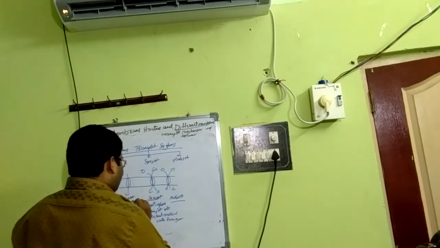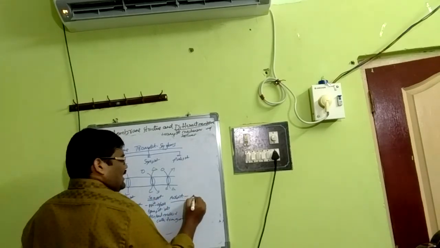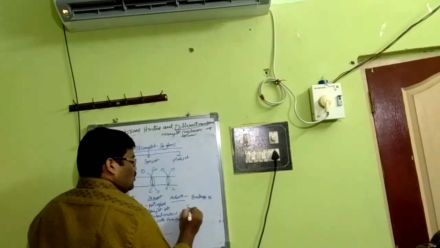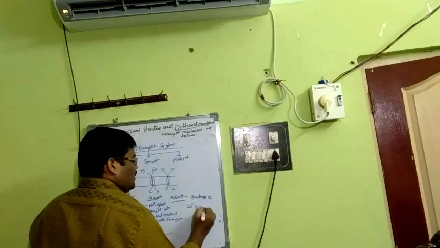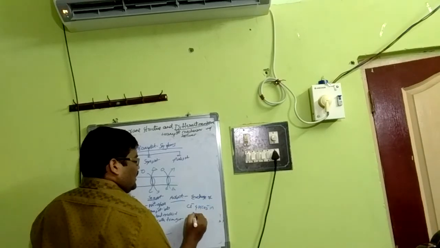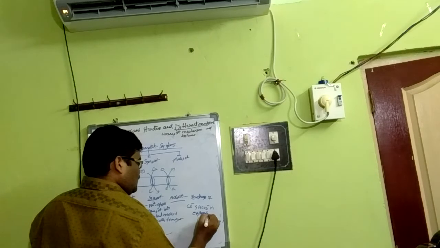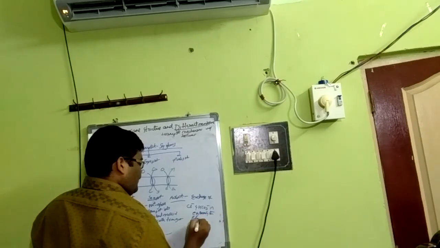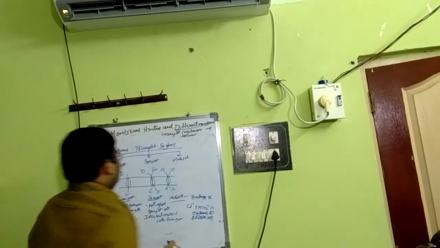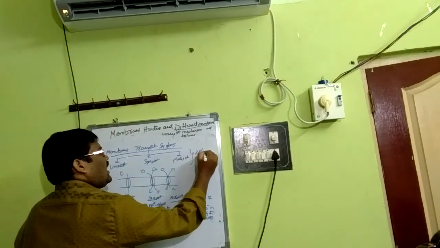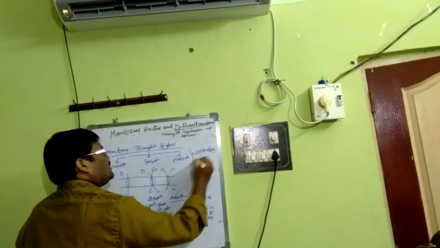With respect to antiport, exchange of chloride and bicarbonate ions in erythrocytes. That means chloride shift. These are all the secondary active transport mechanisms.